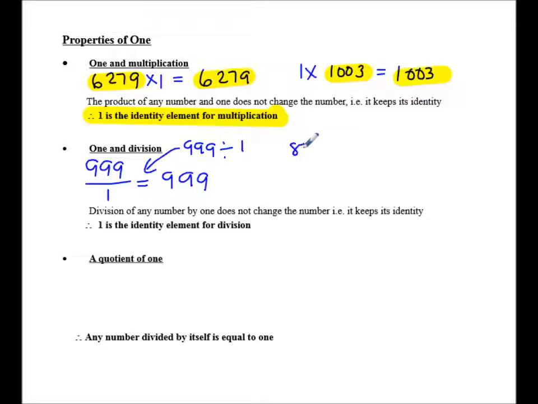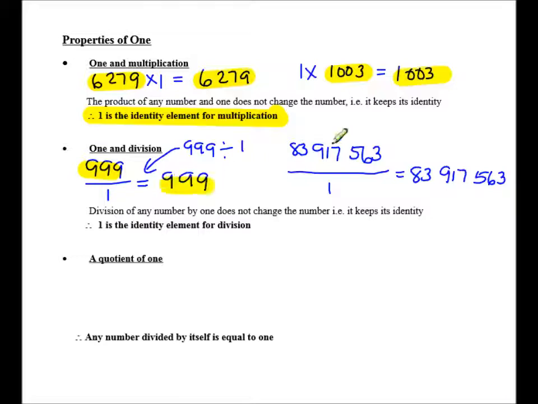If I had 83,917,563 and I divided it by 1, my answer would be 83,917,563. Once again, you can see the number has maintained its identity. So 1 is the identity element for division.